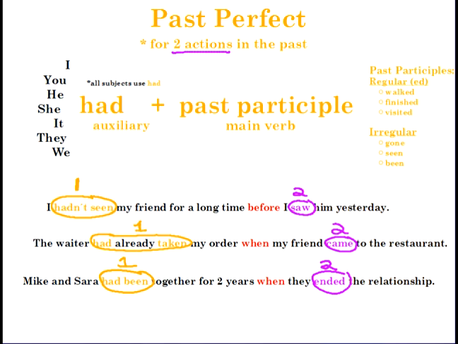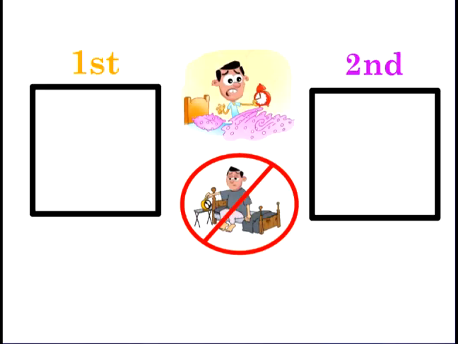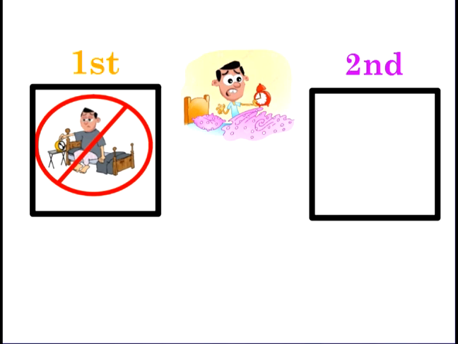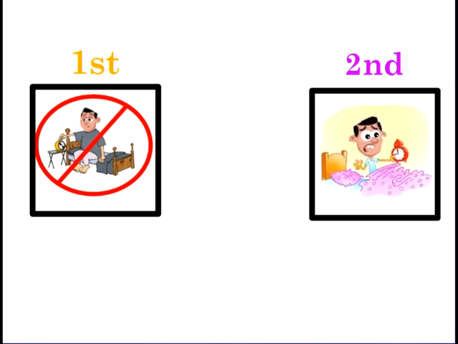Okay? Let's look at some more examples to maybe visualize how we use the past perfect. Okay, again, two situations. Which situation happened first? Well, if he woke up early, maybe it's because he didn't set his alarm, right? Or he didn't put his alarm. So I'm going to say that happened first, and this happened second.